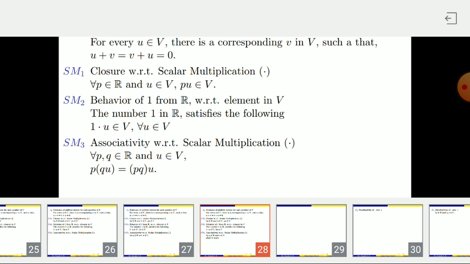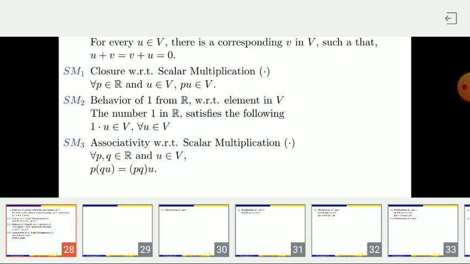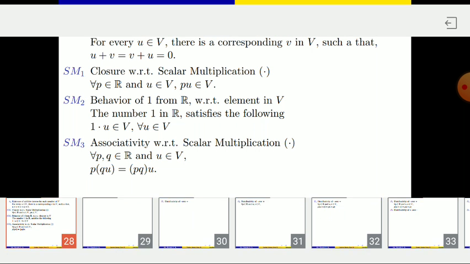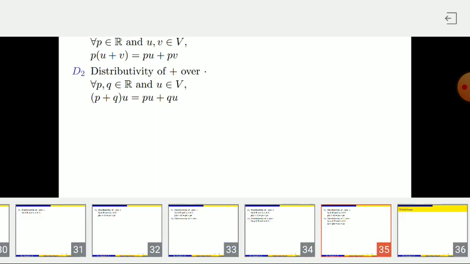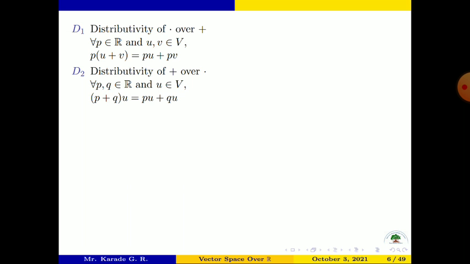I think there are 5 conditions with respect to addition, 3 conditions with respect to scalar multiplication, and 2 conditions with respect to the distributive properties. That means 5 plus 3 is 8, plus 2 is 10. So to become a vector space, a non-empty set V with respect to addition and scalar multiplication must satisfy these 10 conditions.